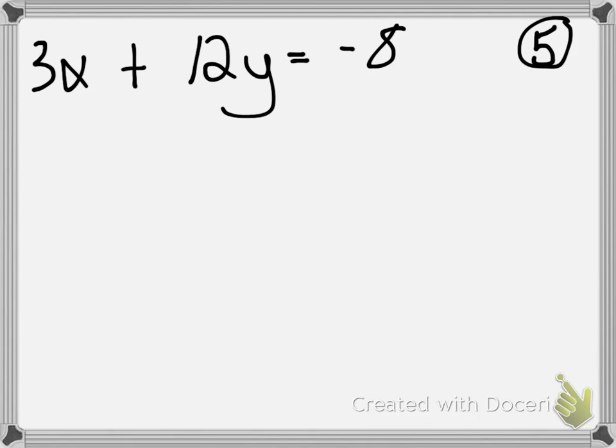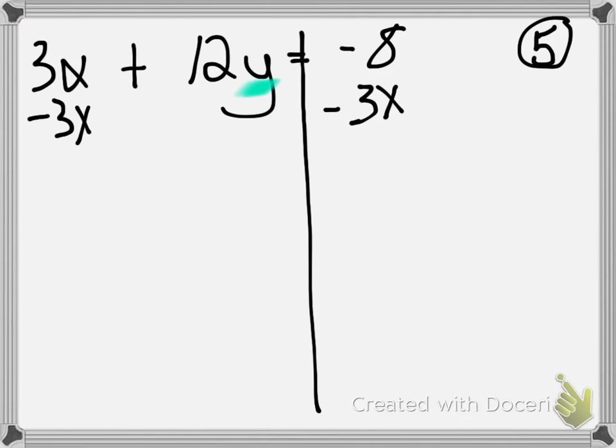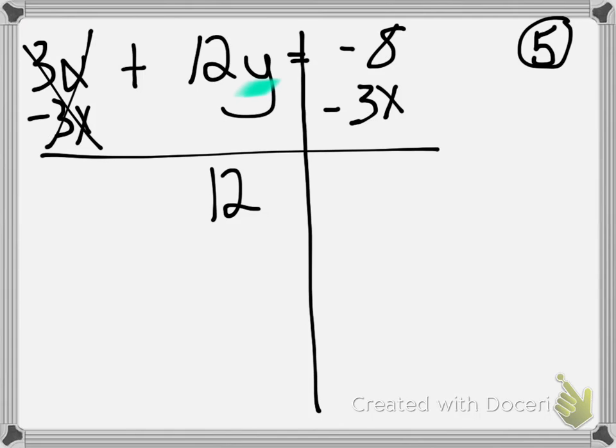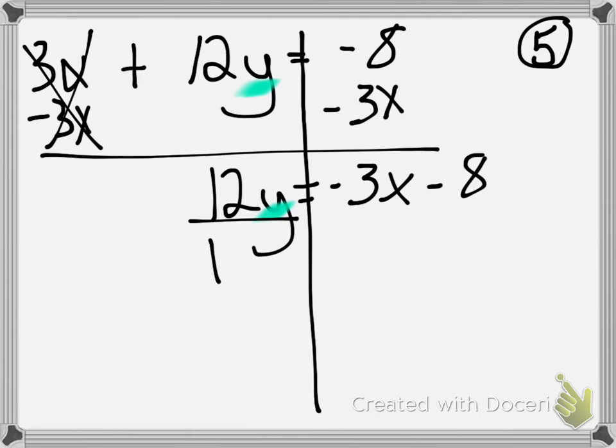Number 5. 3x plus 12y equals negative 8. This y needs to be by itself. So, minus 3x, a lot of these you end up doing the same steps over and over again. I have 12y equals negative 3x minus 8. And again, I have something right next to y.